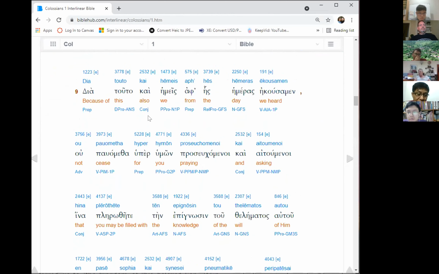On the interlinear, there's several things going on here. Notice, here's verse 9 for Colossians 1. And in the middle, in the black font, is the actual Greek text. Dia touto kai hemeis aph' hes hemeras ekousamen.